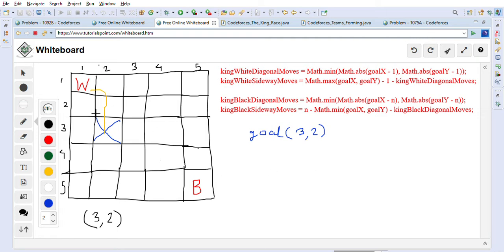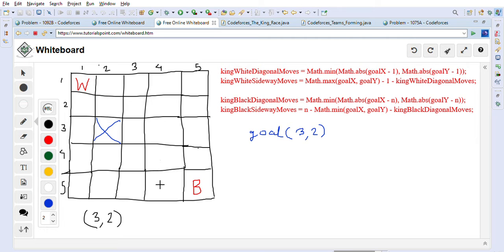So in two moves he can reach here, right? And this king can go from here to here in one move, from here to here in the second move, and from here to here in the third move, right? So black will take three moves and white will take two moves. So obviously the white king will reach first the position where the coin fell, so the white king will be the winner, right? In this example that we are taking here.